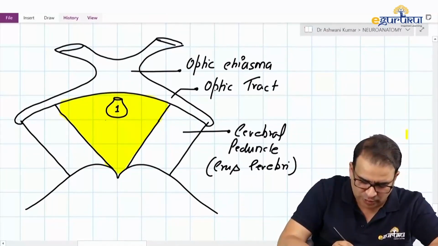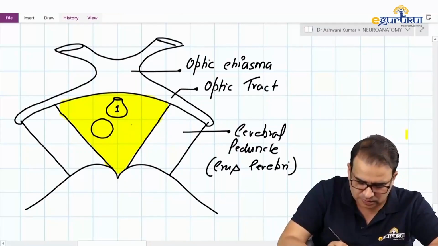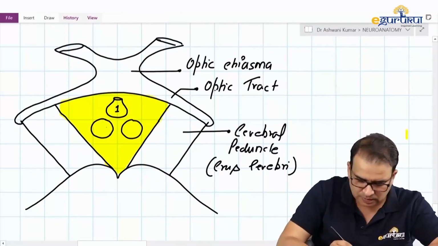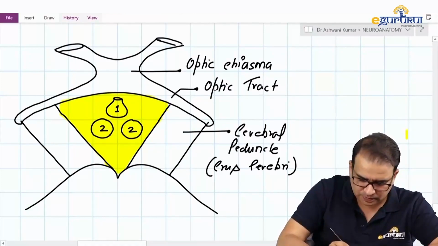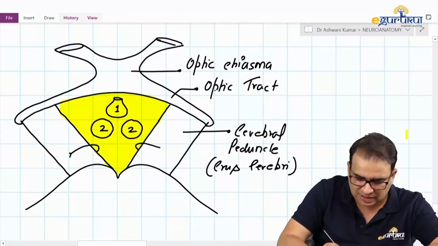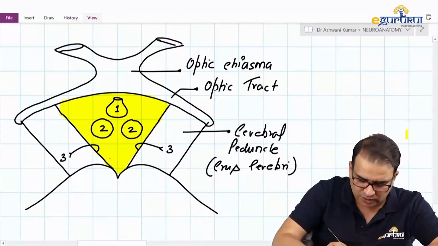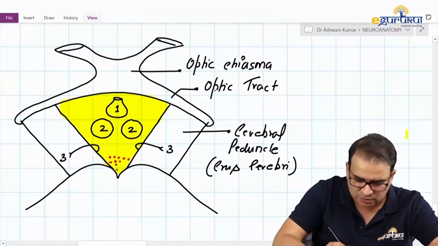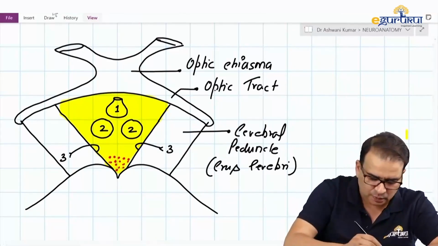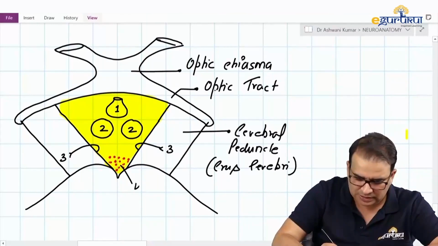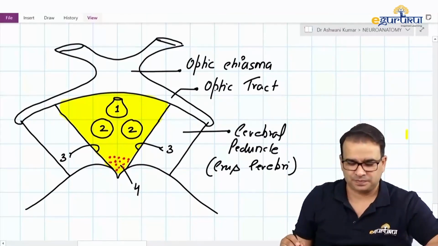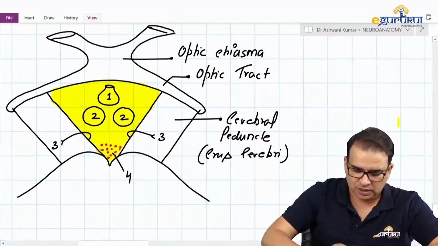Then we have this component of limbic system present here called as mammillary bodies. Let me give it number 2. Number 3, we already discussed, that is a third nerve. We said oculomotor nerve is a content of interpeduncular fossa. So let's give it number 3. And number 4 is a perforation that you will see in the posterior part where some blood vessels will be seen going inside. We call it posterior perforating substance. That is number 4.